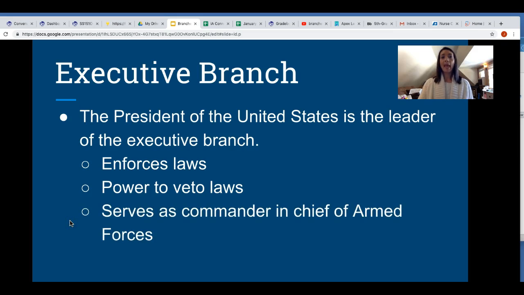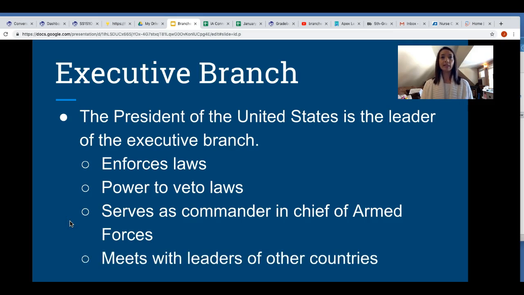Okay? And then this one says that they serve as commander-in-chief of the armed forces. That means that they are in charge of all of the branches of the U.S. military. Okay? All right, and the last one underneath this page says that they can meet with foreign leaders.